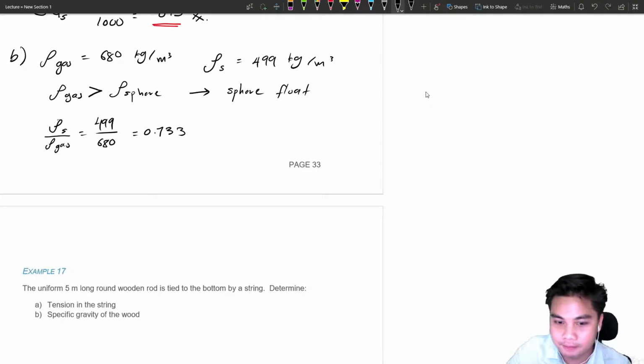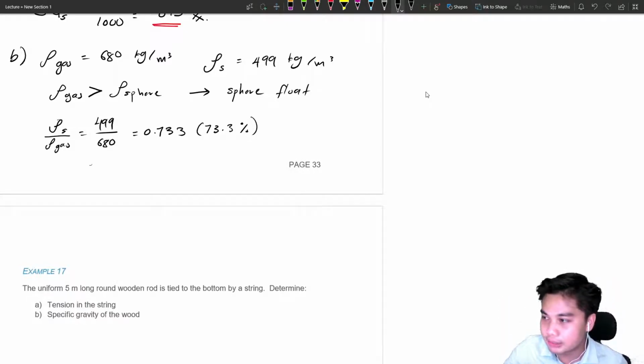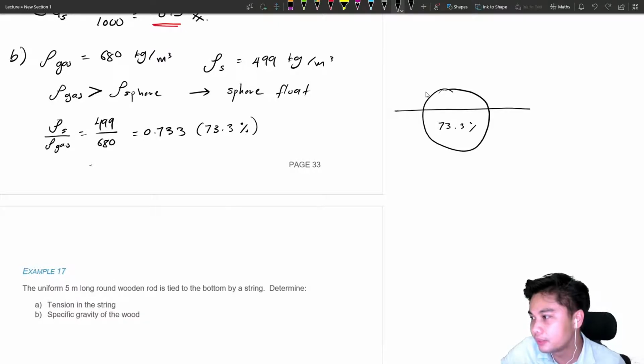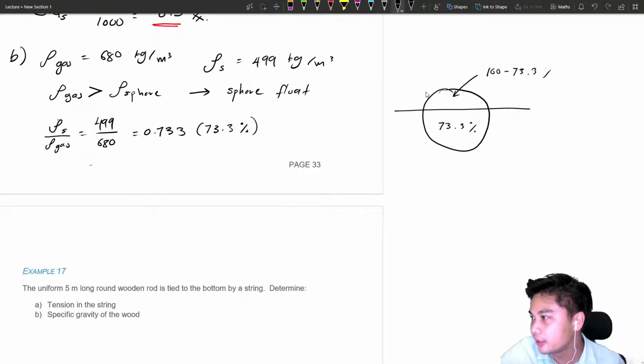This means 73.3% is submerged. For example, this is the sphere, and only this portion is 73.3% submerged, and this portion is 100 minus 73.3%.